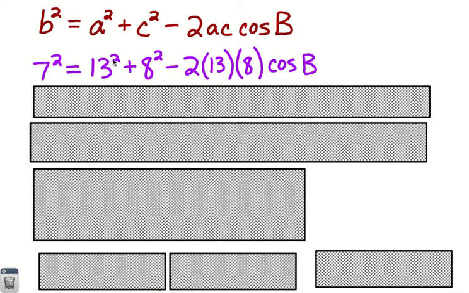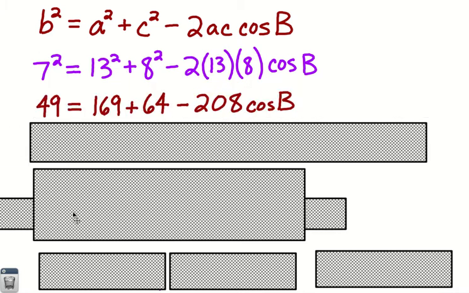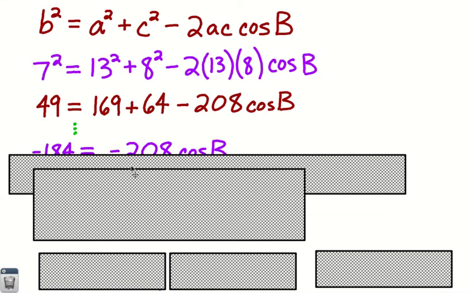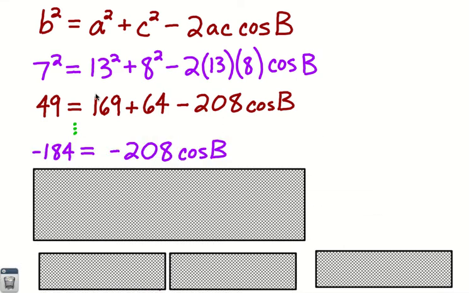You square the 13, you square the 8, and then you might even combine those together. But what you're going to do eventually is take this sum and subtract it to the other side. And that's where negative 184 comes from.